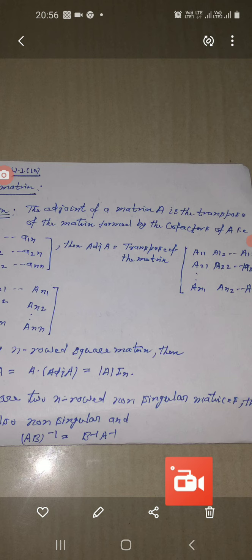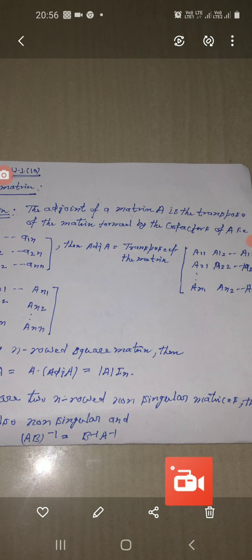That means A into adjoint of A is equal to determinant A times In, or adjoint of A into A is equal to determinant A times In. This is very important, and it is used while proving theorems.